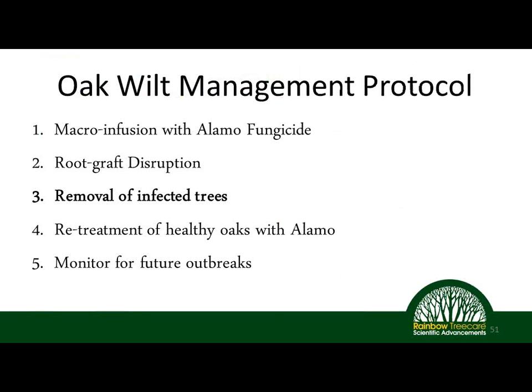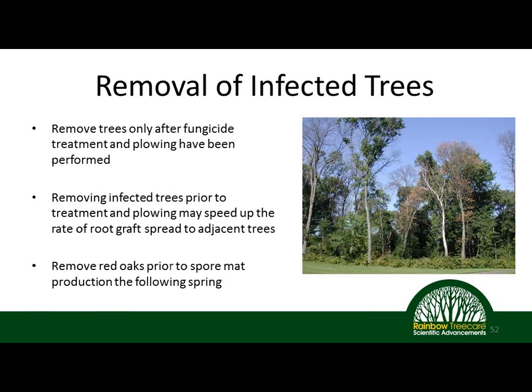So let's get into the third step in oak wilt management, which is removal of infected trees. And again, we're doing this in this order: fungicide treatments of your targeted trees, root graft disruption, and now we can go in and remove our infected trees. And it's important that we do this only after the fungicide treatment and after the plows have been performed, if you're able to do plows.